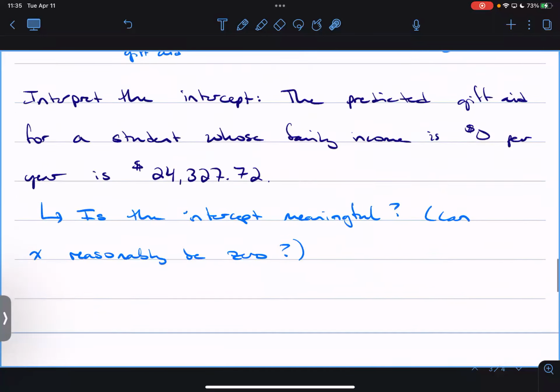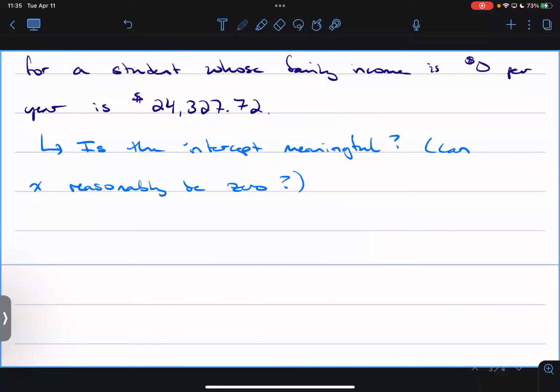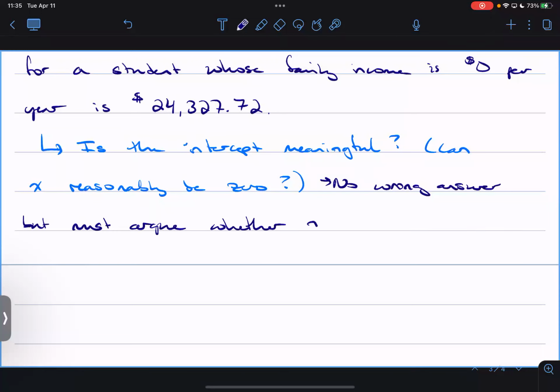Okay, so here there's no wrong answer, but you must argue whether x can be 0.